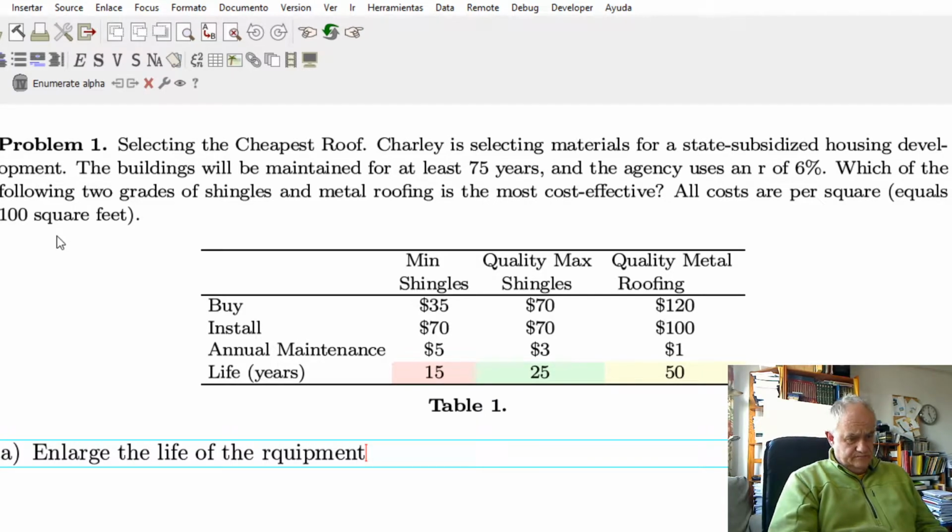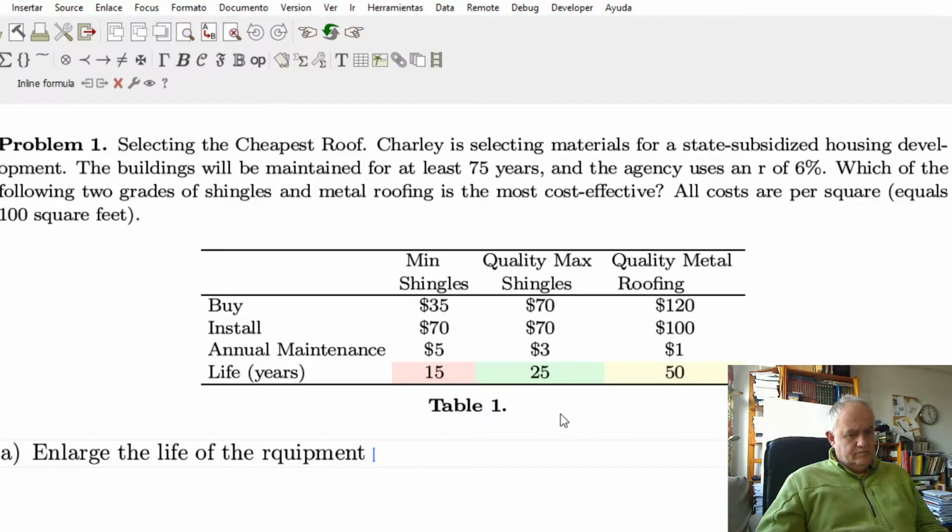This means the life of the project equal to the common multiple of all these numbers.